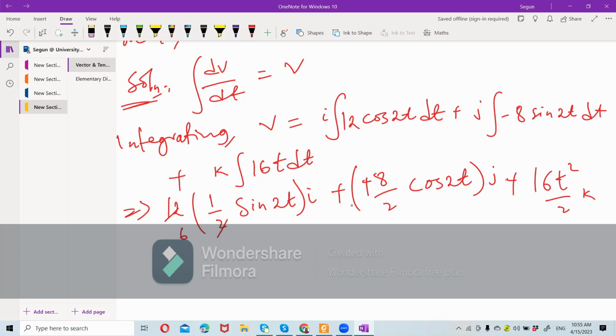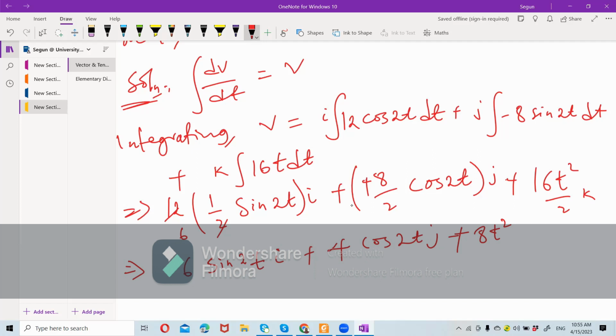So at this point we have c, we have 6 sine 2t i plus 4 cos 2t j plus 8t squared k. Remember, that is for v.